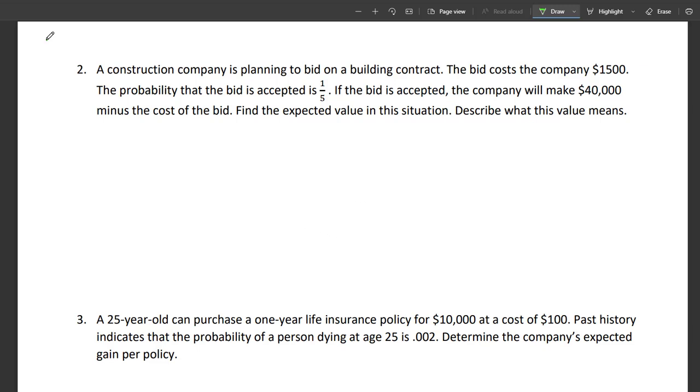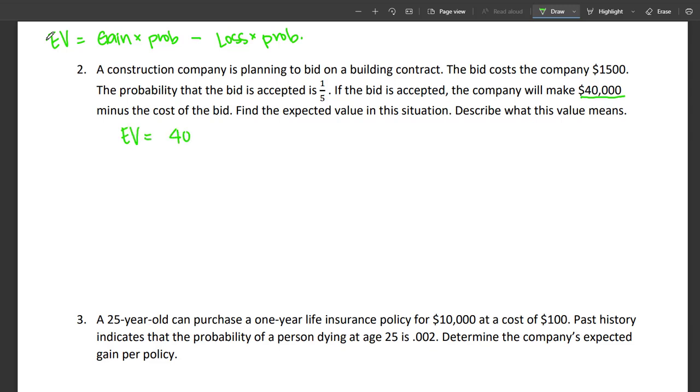So to find the expected value, we are going to take the gain times its probability minus the loss times its probability. So what this means, on this construction company, it says that they will gain $40,000 if they get this bid.